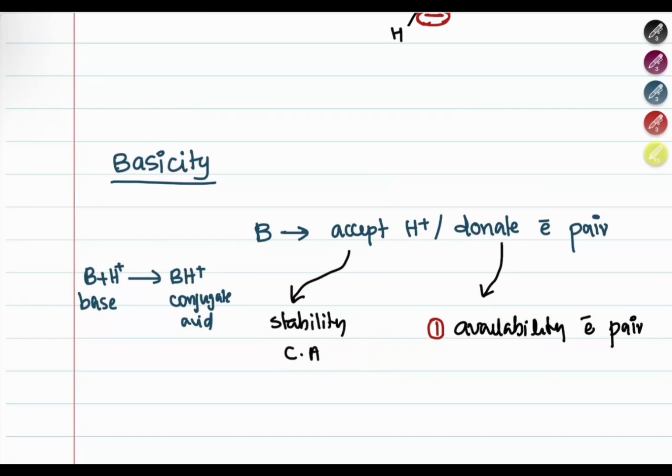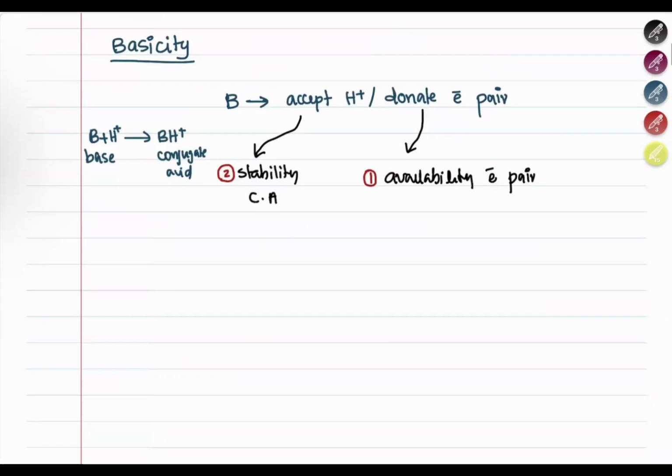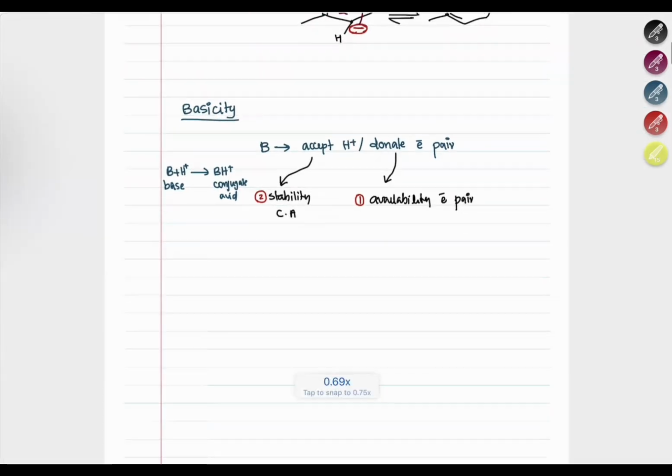Okay, so there are two ways to check the basicity of a molecule. The first one is checking the availability of the electron pair, and the second method is checking the stability of the resulting conjugate acid. So now we'll find out how to compare the basicity of two compounds by using an example.